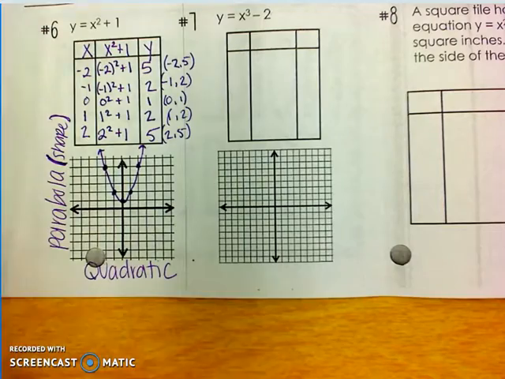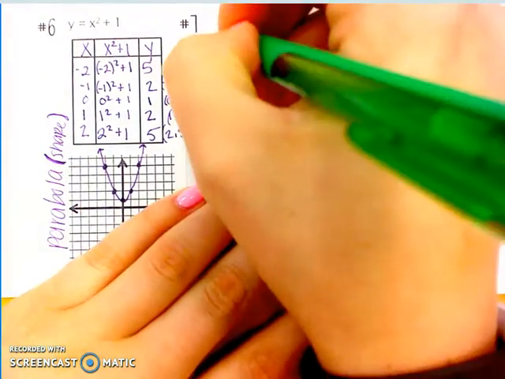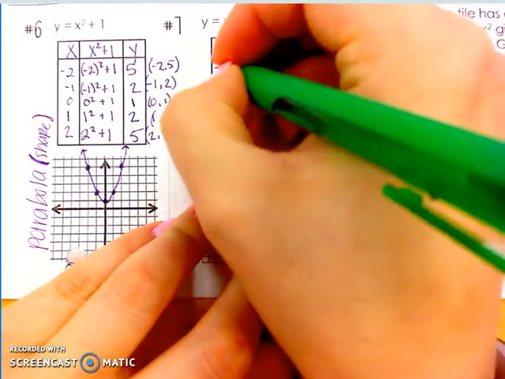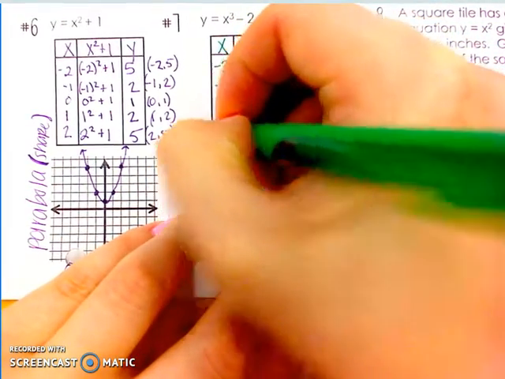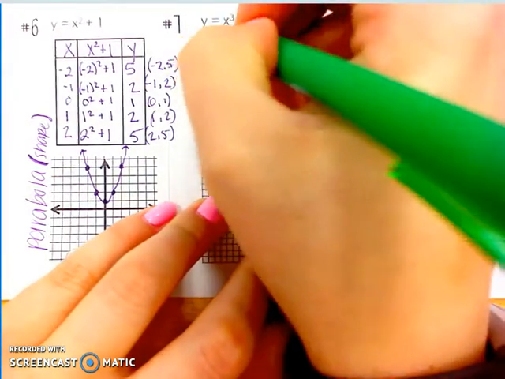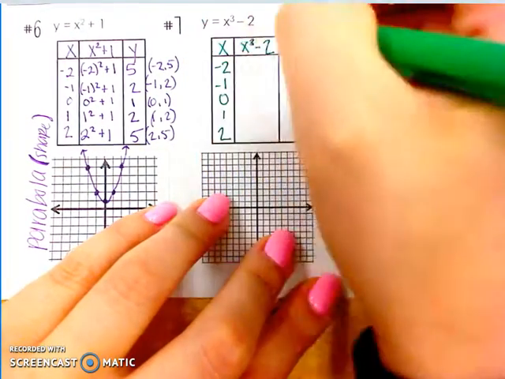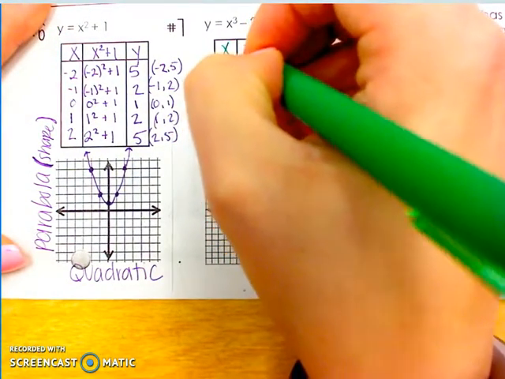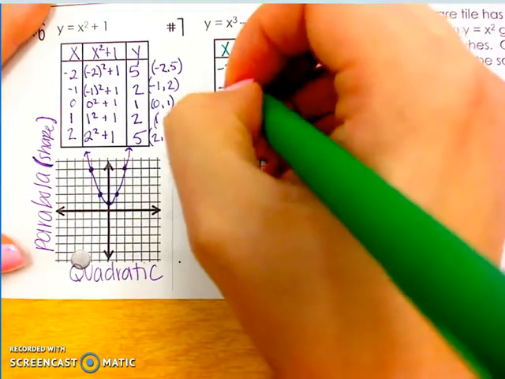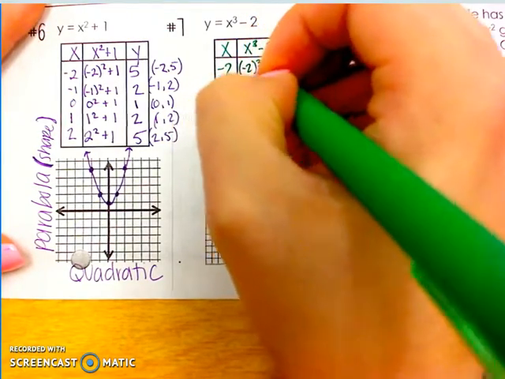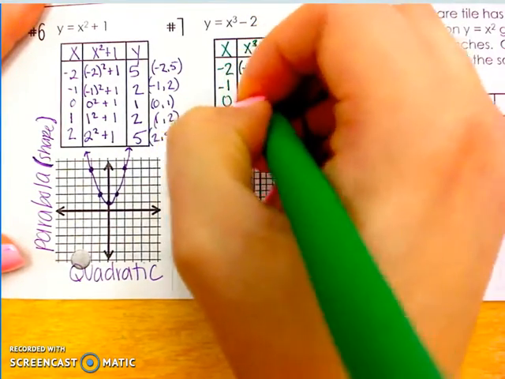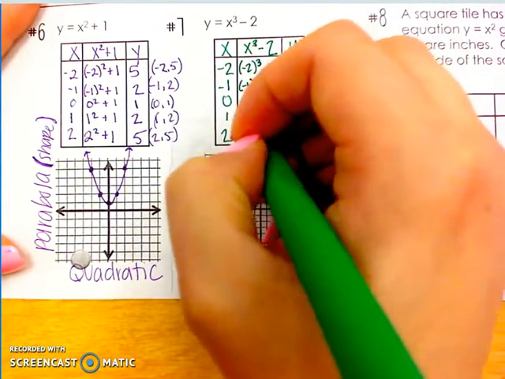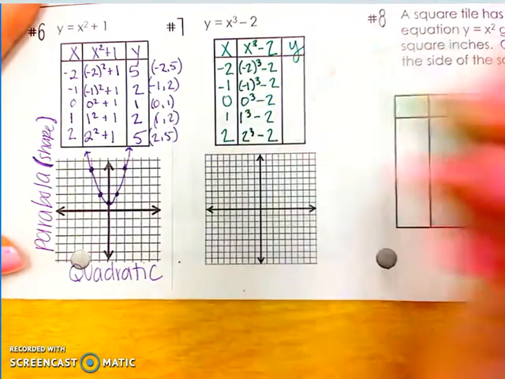Okay. So let's do a similar thing over here with number 7. -2, -1, 0, 1, and 2. I'm going to plug it into x cubed minus 2 to get y. So -2 cubed minus 2, -1 cubed minus 2, 0 cubed minus 2, 1 cubed minus 2, and 2 cubed minus 2.